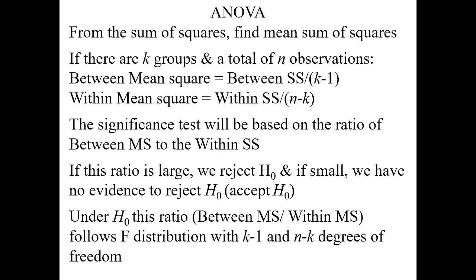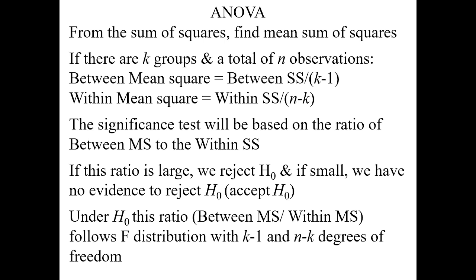Now the statistical test is based on the ratio of the between group mean sum of squares to the within group mean sum of squares. That ratio forms the test criterion for ANOVA.